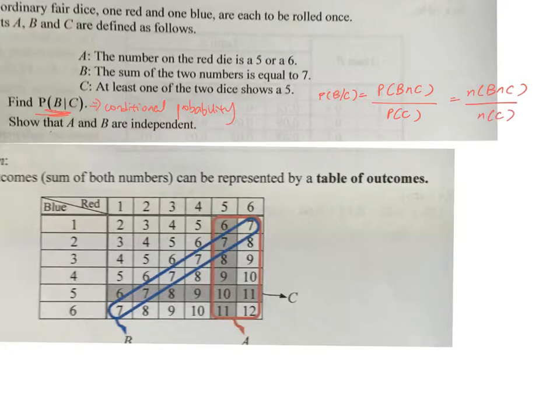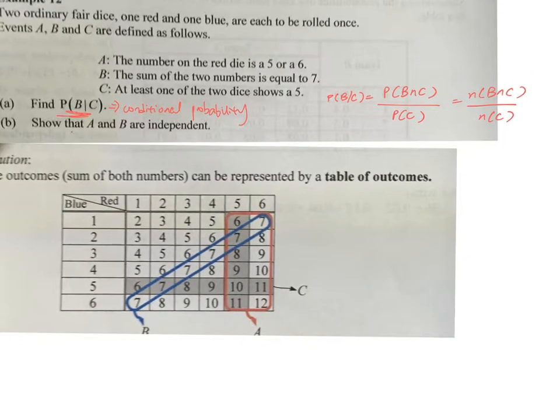So let's look at B intersect C. We want the sum of the two numbers to be equal to 7, and we also want at least one of the two dice to show a 5. We'll need these to both happen at the same time. If we look at the table of outcomes, the sum of the two numbers equal to 7 will be all the numbers over here.